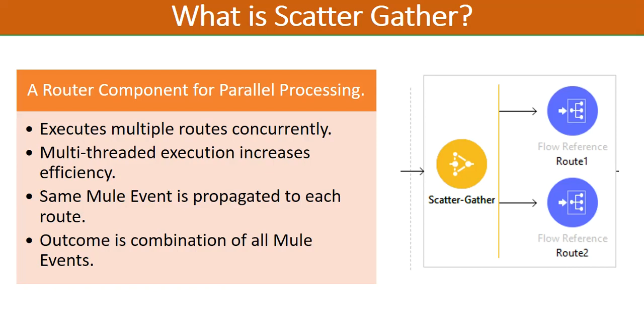For example, if you have 10 different processors in your message flow and you are executing them in a sequential manner, then we have one thread which is executing all these processors. So overall, the time it's going to take to complete the execution of all the processors within your message flow will be the sum of the time taken by all of these message processors.